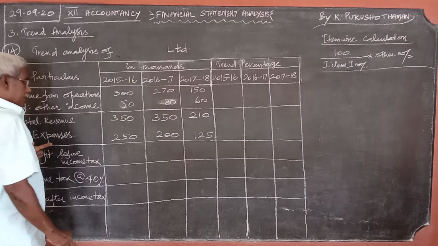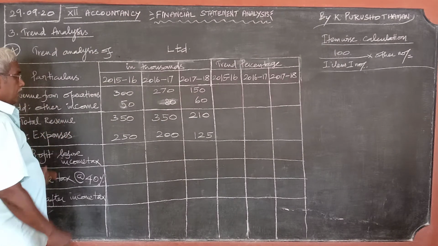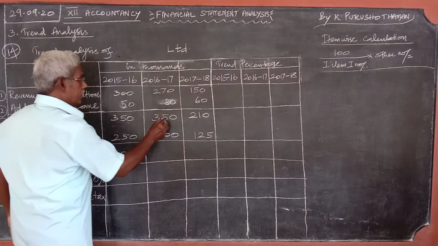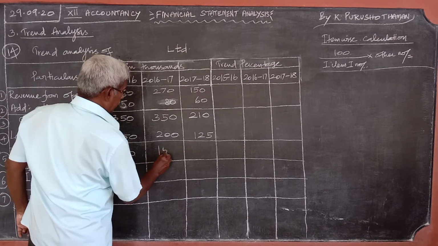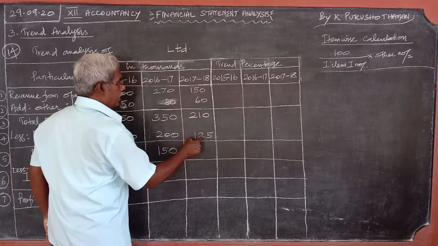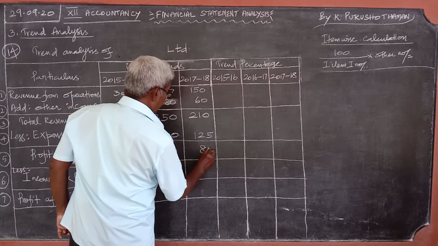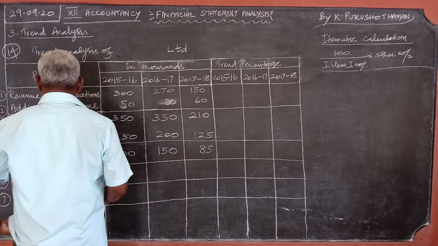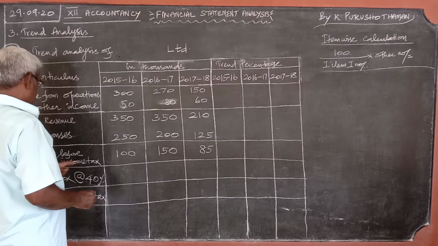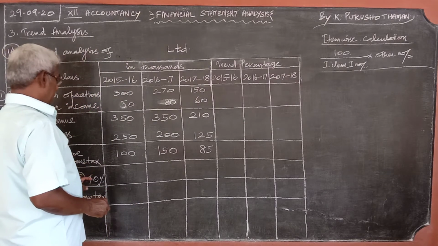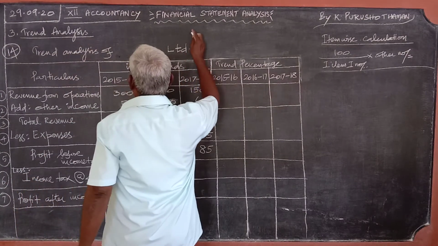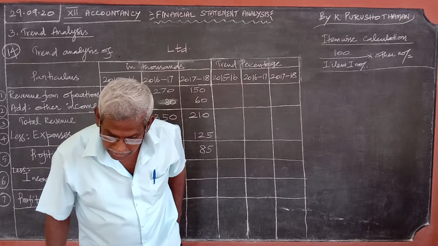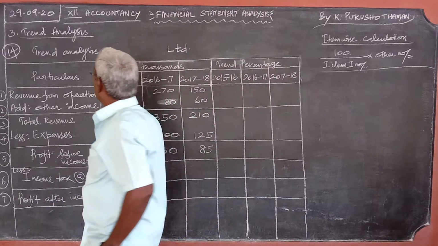Then less expenses: 350 minus 250, 100. 350 minus 200, 150. 210 minus 125, this is 85. We should calculate now the profit at the rate of 40%. So the first case, analysis of Kumar Limited.